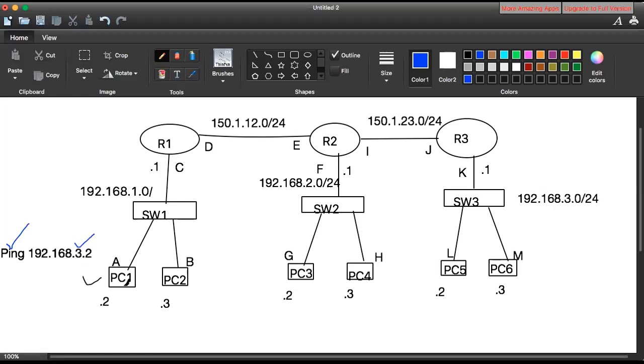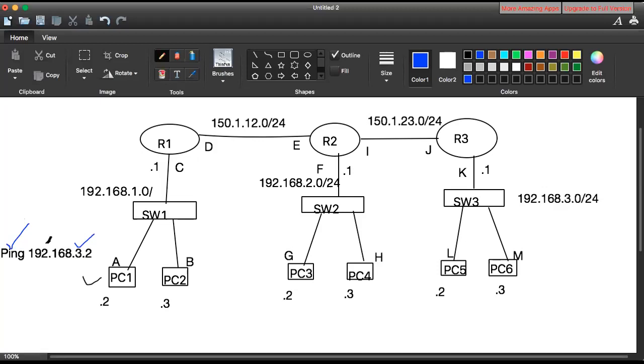The processor knows that the command ping is an instruction for me to send an ICMP echo request, right? So PC1 knows that I have to send an echo request. Now, to what address?